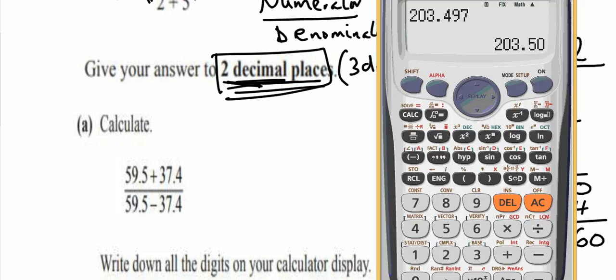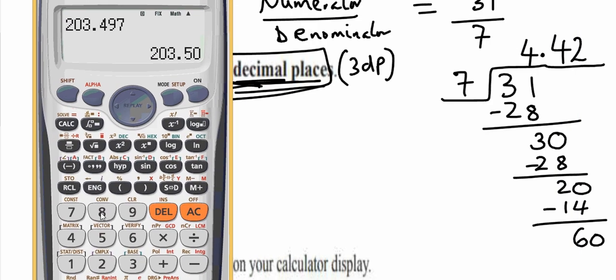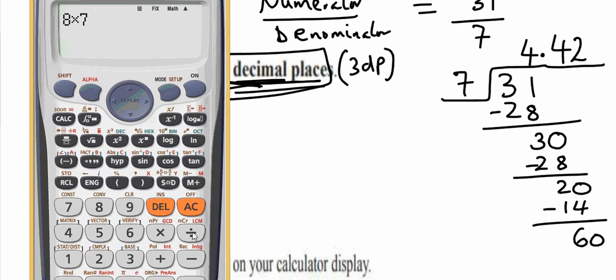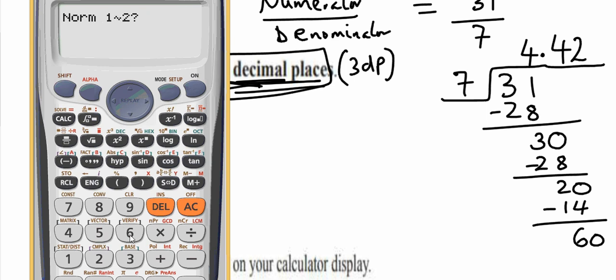We check, there's no hurry. 8 times 7 is 56. Yes. And if I do 9, that will be 63.